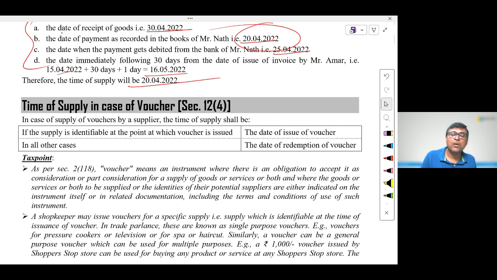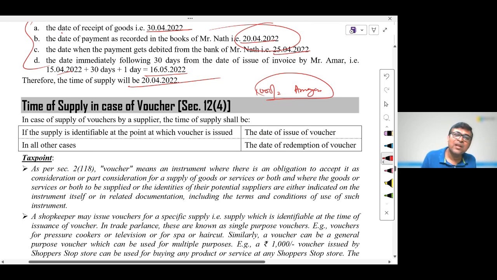Generally, what happens? If I want to give some gift to my friend, instead of buying any product for him, I will give, say, a 1,000 rupees Amazon voucher. Now it is up to him whatever product he may acquire.